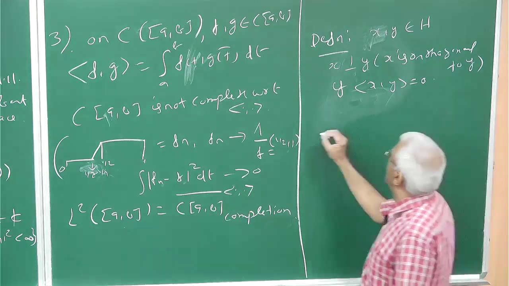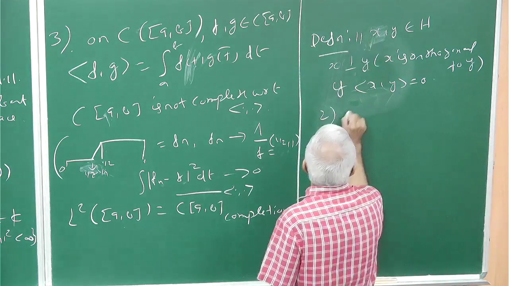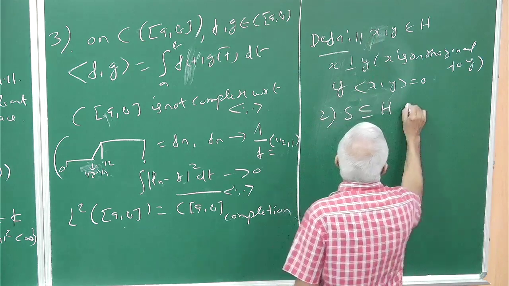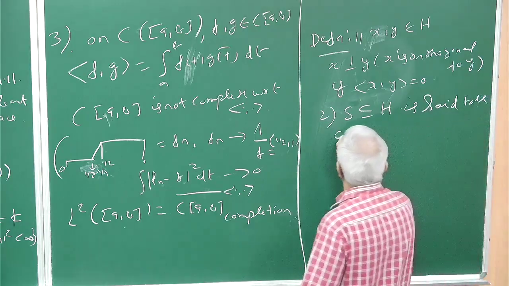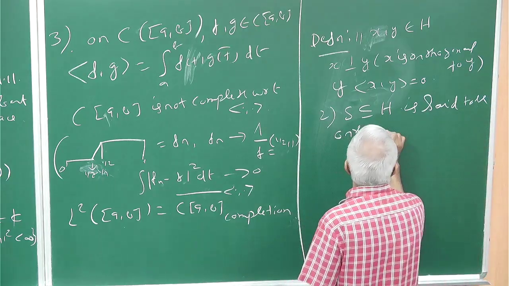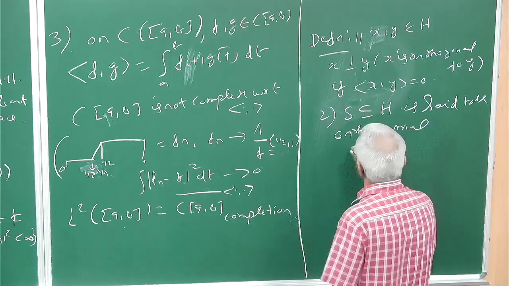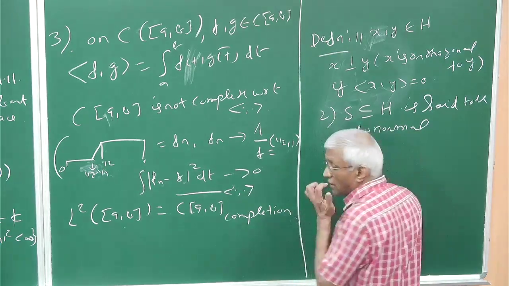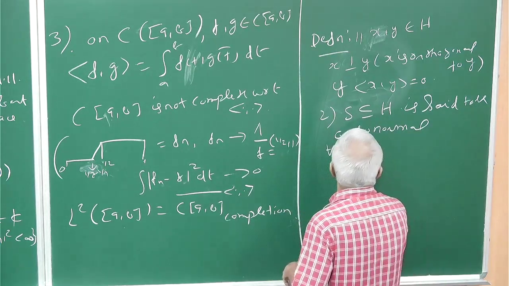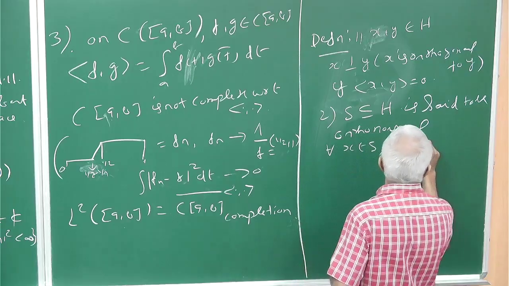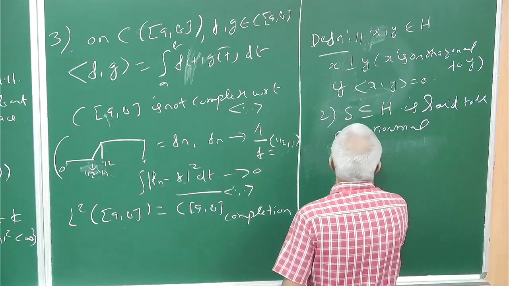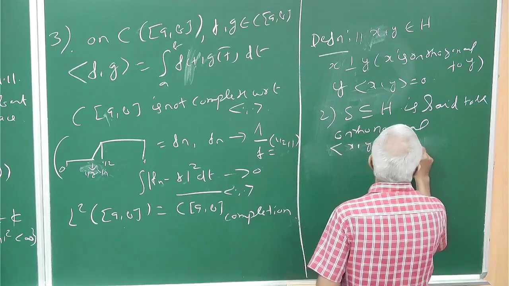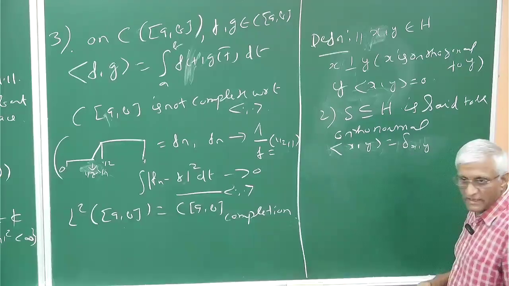Second, a subset S contained in H is said to be orthonormal. Ortho means they are all orthogonal. Orthonormal means for all x in S, the norm of x is 1, or we can define it like that: the inner product of x and y equals delta xy.